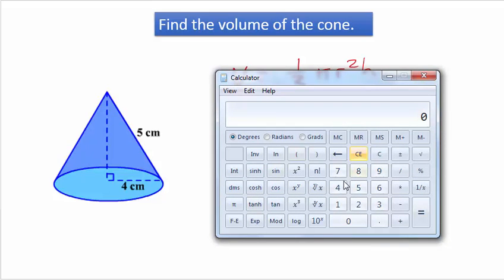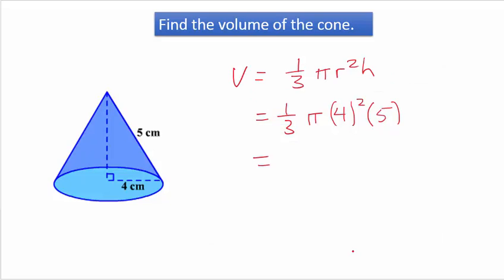So if you want, you can just take your 4 squared, which is 16, times your height of 5, times pi, gives us that answer right there. There's our pi r squared times height. Now 1/3 of that, what we can do is just divide by 3. And our answer is about 83.8 if we round. So approximately 83.8 centimeters cubed for that cone.